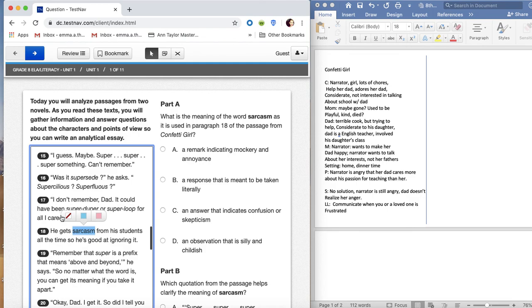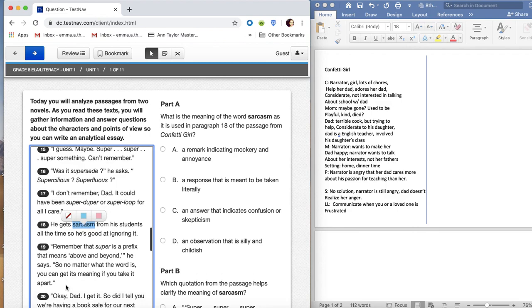I don't see her giving him anything, but she did say something, this rude statement, super dupe or super loop. So she's not giving him anything but words. Okay, I'll hold on to that. She's being rude here, and then he just ignores it after, like she says, remember that super is a prefix, blah, blah, blah. Okay, so I've read before and after.